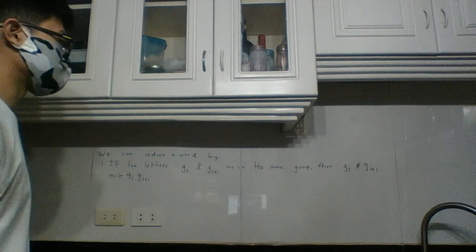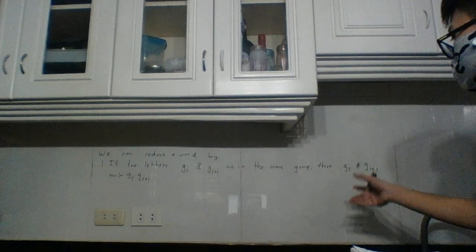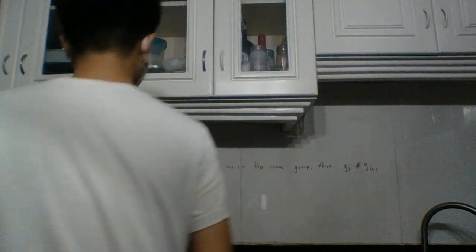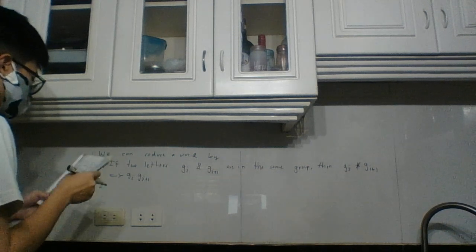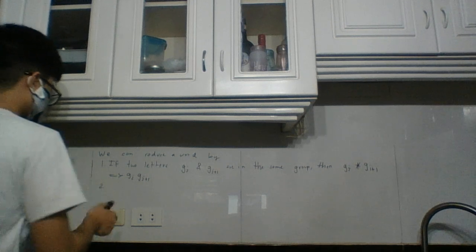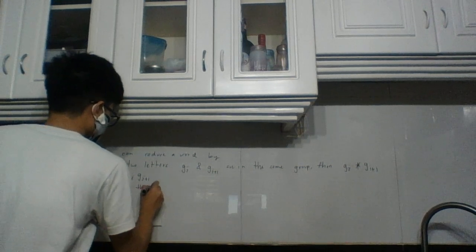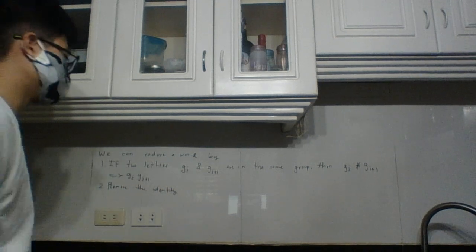So in a long string of letters, if two elements beside each other are in the same group, we can just literally put them together, or remove the asterisk. Okay. Then two, remove the identity from each group. As I said a while ago, since these are groups, obviously they have an identity, right? So remove the identity.